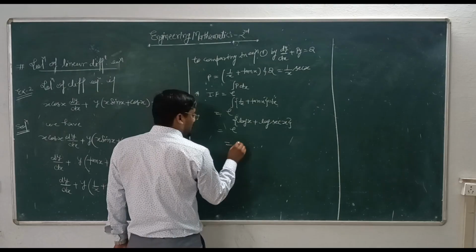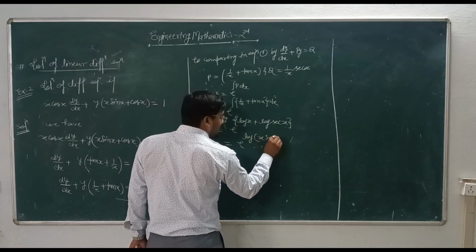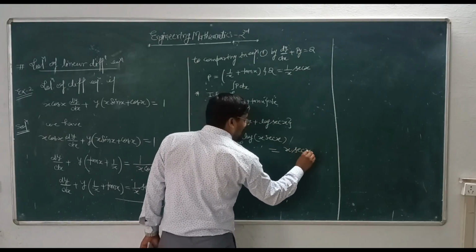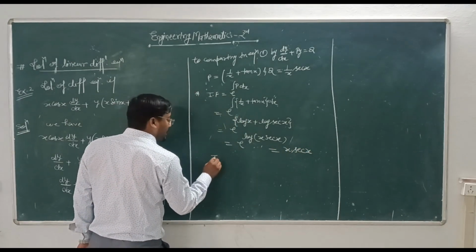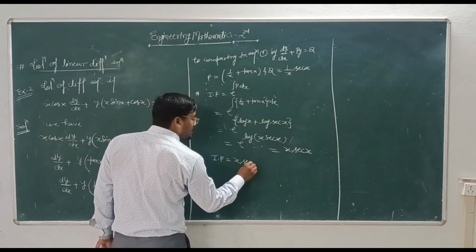Now you can write e to the power log x into sec x. It means x sec x. This is your IF. Now you can write IF is equal to x sec x.